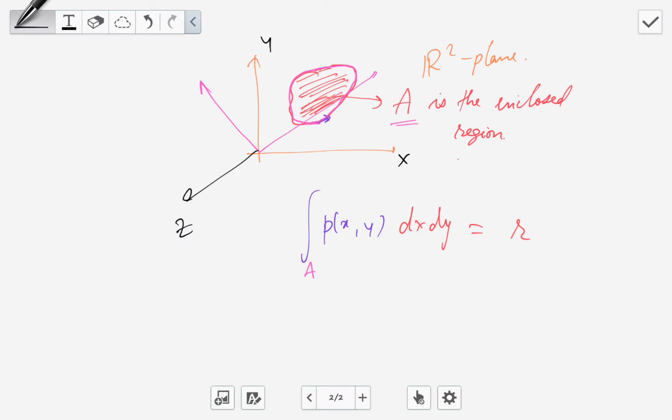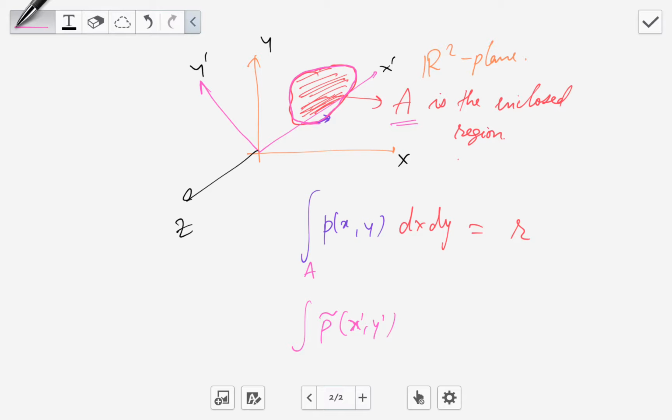Now say I have shifted this to some x dash and y dash. Now I'll have a new function p tilde in x dash and y dash. I just make the transformation from x to y, whatever the transformation is.